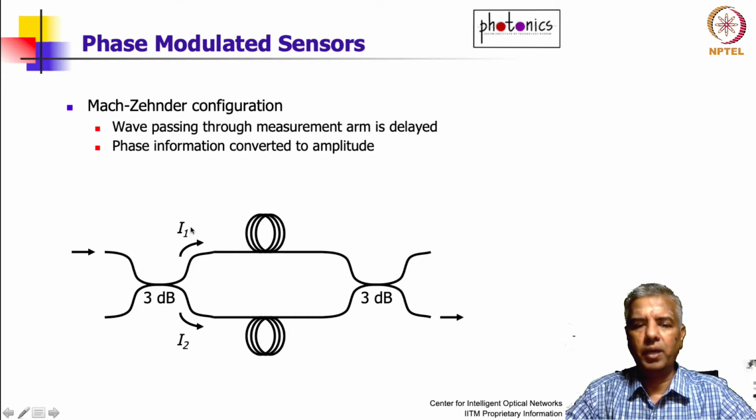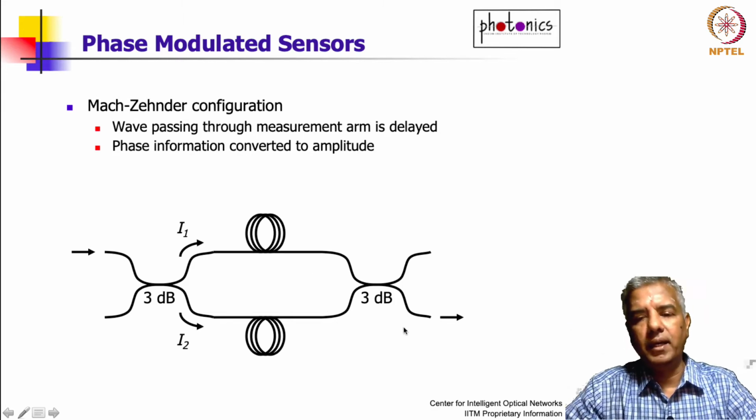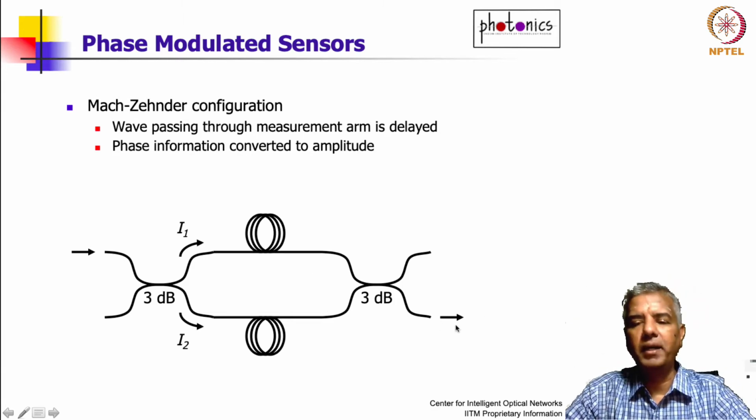Here you have mixing of these two intensities, and the fields corresponding to these two light waves, and then you have a combined product over here as well as here, but let's focus our attention on what's coming out here. What comes out here is going to be based on the phase that it accumulates as it propagates through the structure.